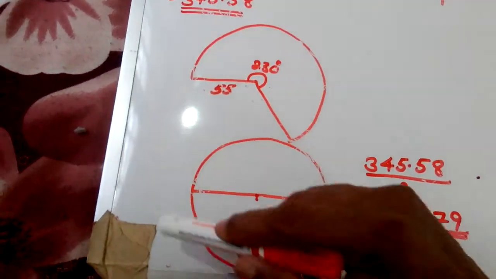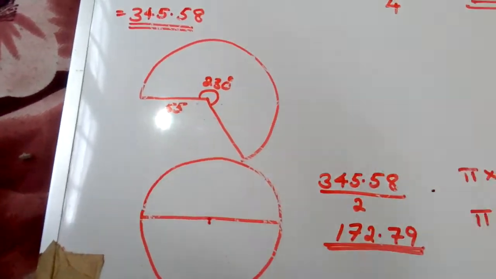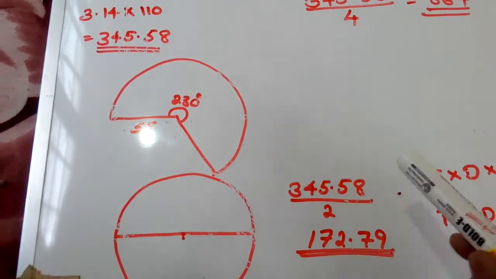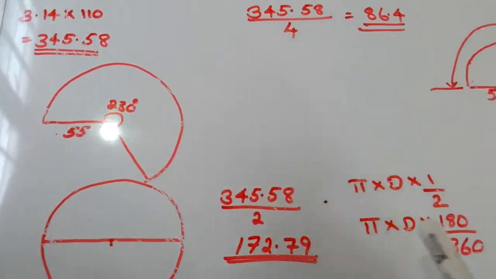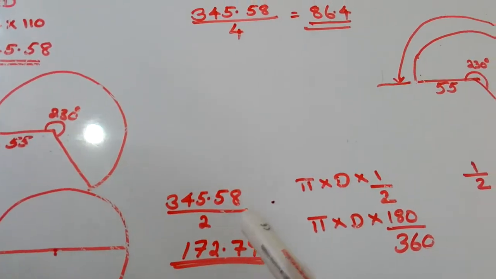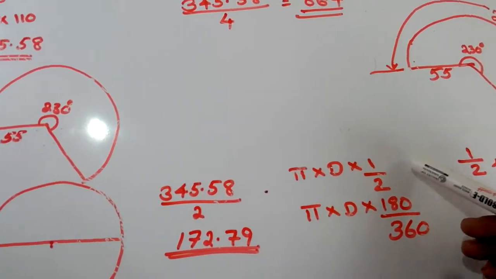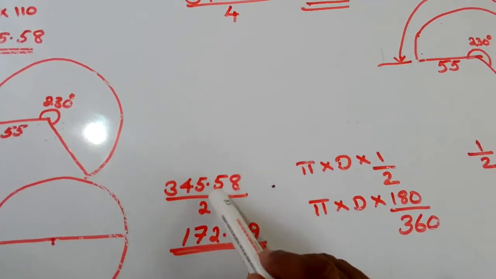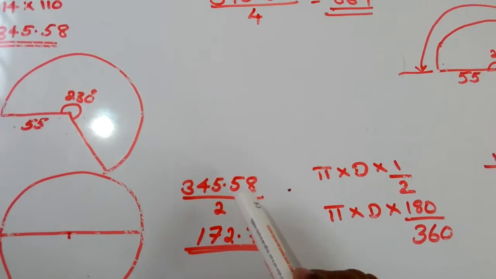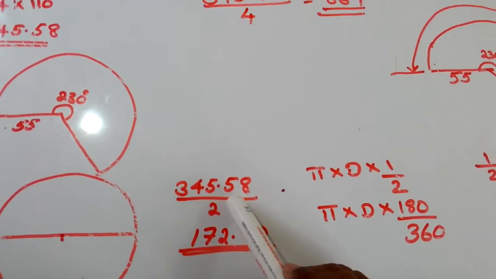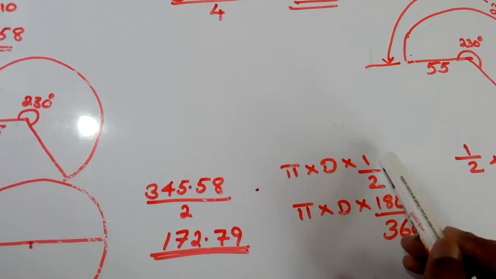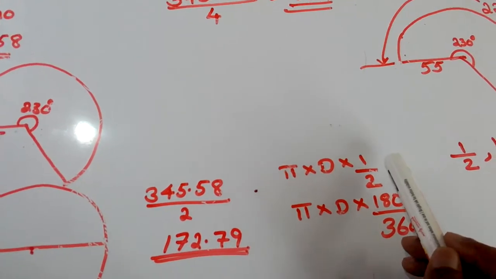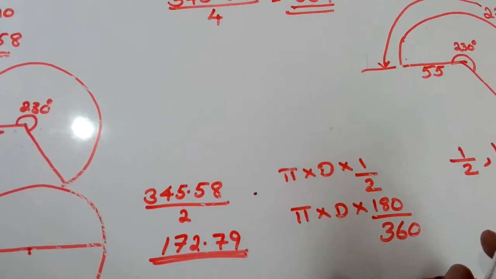So if it is 2, its half we have to take. For taking half, we have to multiply it with half, or we have to divide it with 2. Both are the same. Here I have divided it with 2, and here I have multiplied it with 1 by 2.